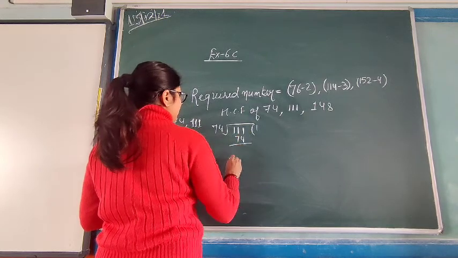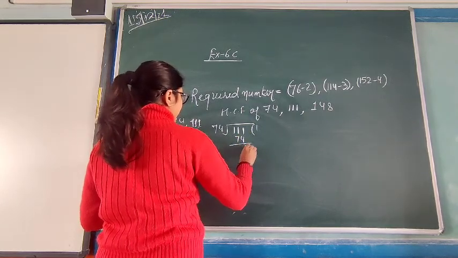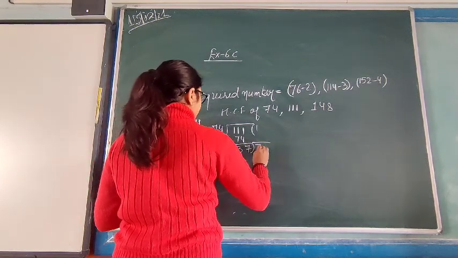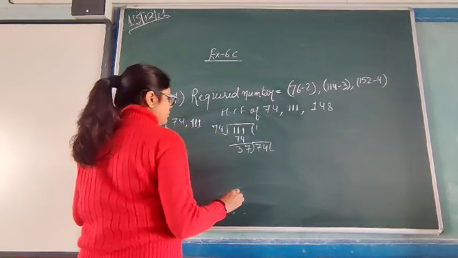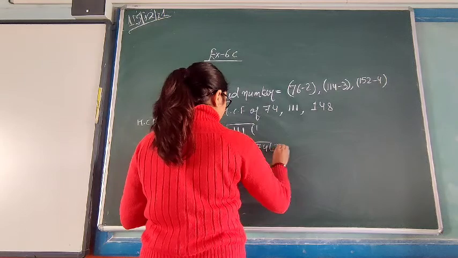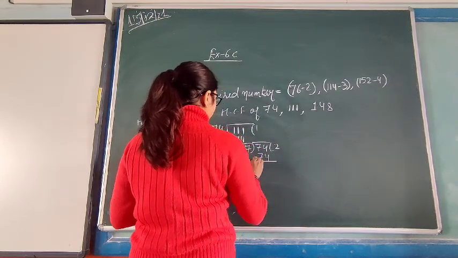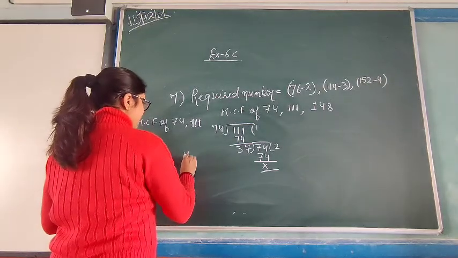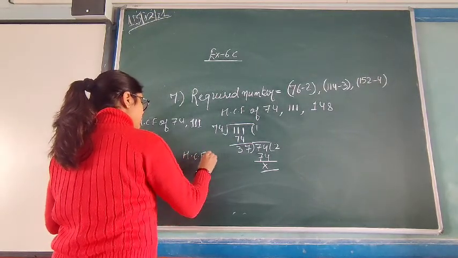What will come? 7. Then 10 minus 7, 37. Then 74. Okay?